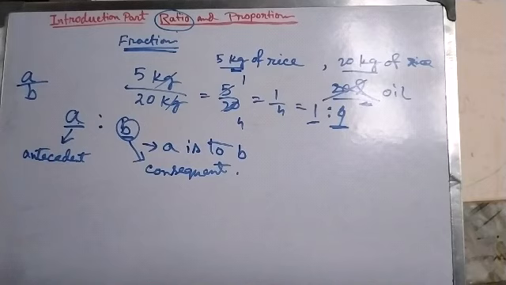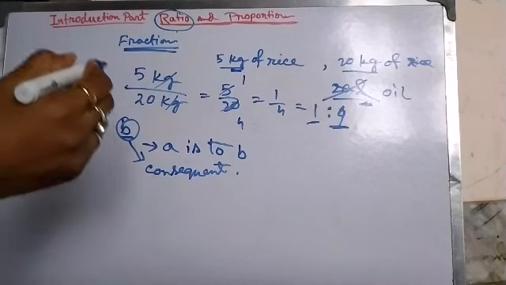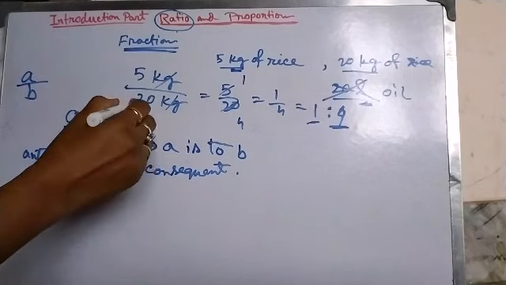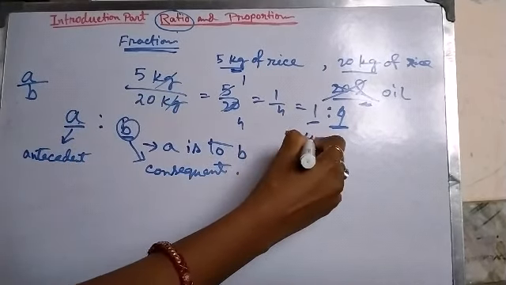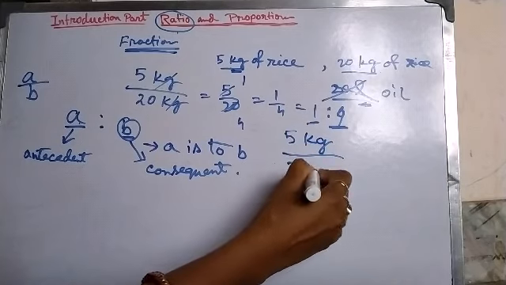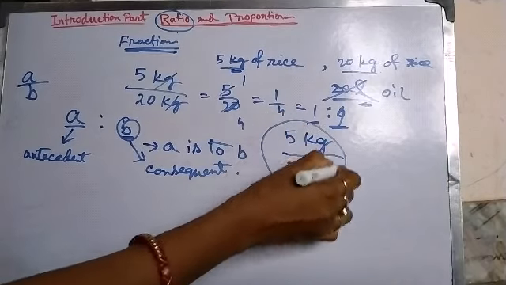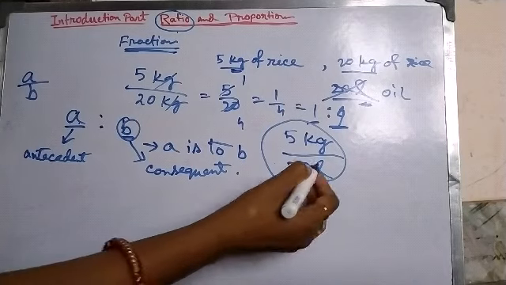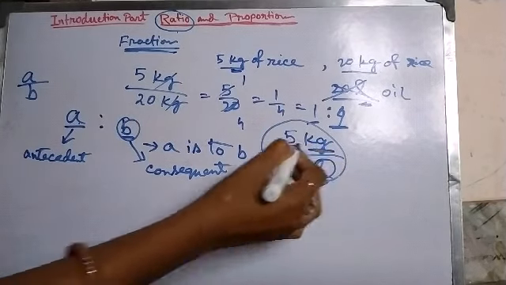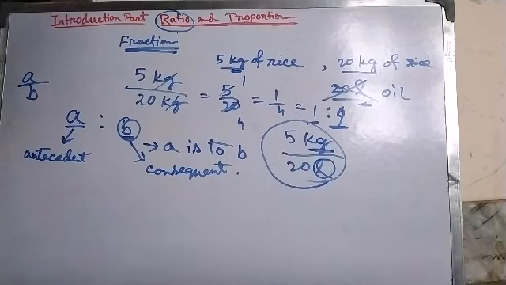As I told at first, ratio means the comparison between two quantities, similar type of quantities. Similar type means like this: if I write 5 kg and 20 liter, this will not be a ratio, because the units are different.